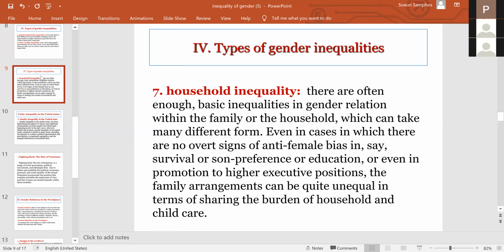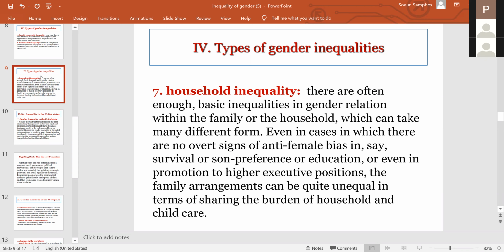Number 7, household inequality. There is often enough basic inequality in gender relations within the family or the household, which can take many different forms, even in cases in which there are not always signs of anti-female bias in, say, preference of education or even in promotion to higher executive positions.